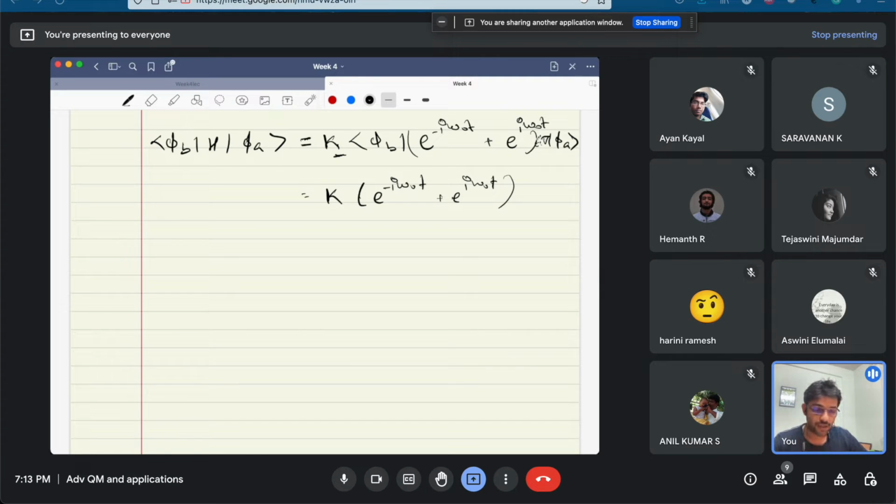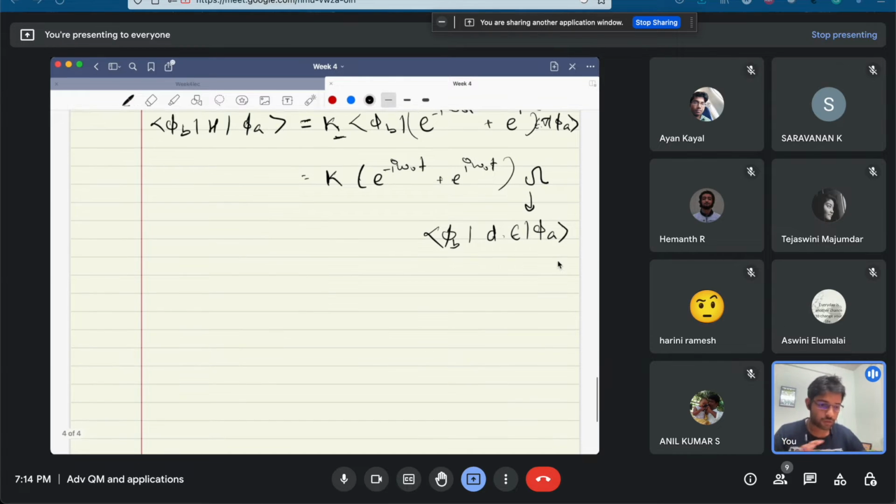These terms give us something called omega, which essentially depends on the laser intensity. So this comes from your transition dipole matrix elements. If you want the full expression, I can show you later, but for now, just for a rough overview, you can use this to understand.